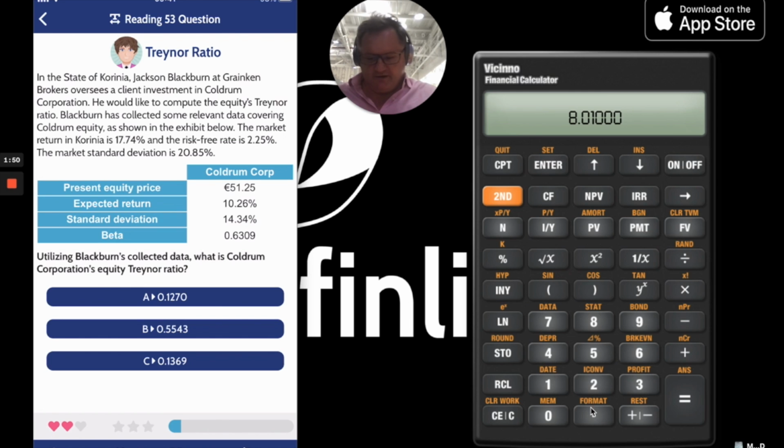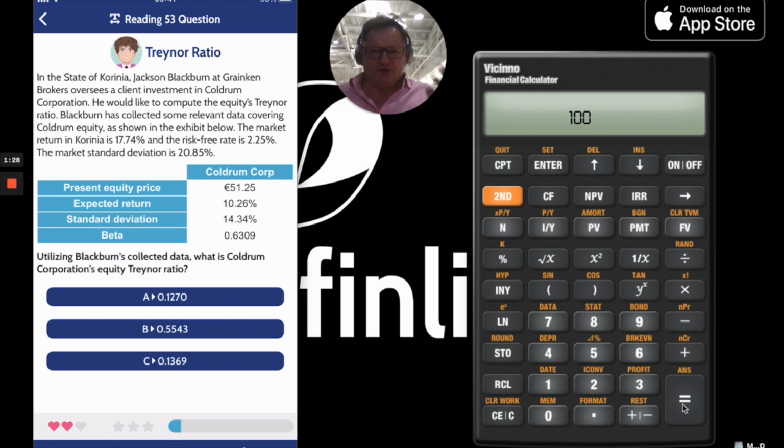Divide by, again, all these numbers are randomly generated within sensible ranges for every single question, so you never get the same question twice. Divided by 0.6309. Again, the answers are decimalised, so I need to divide by 100.